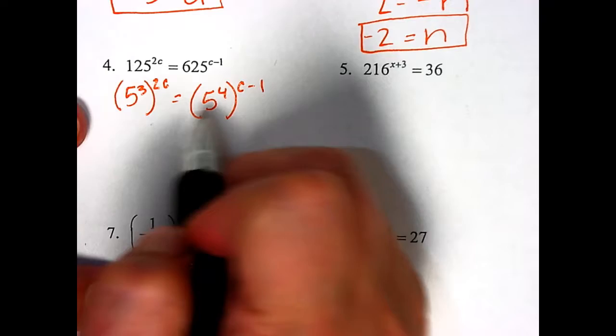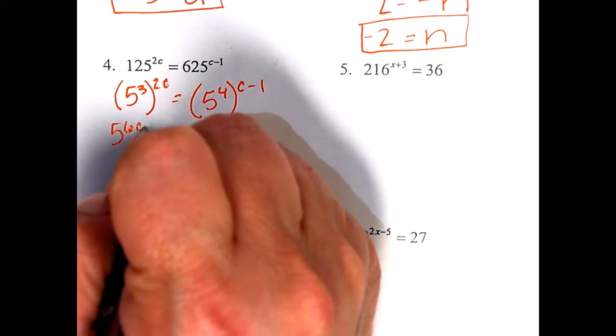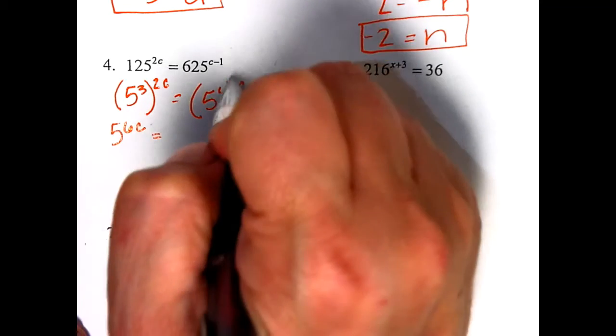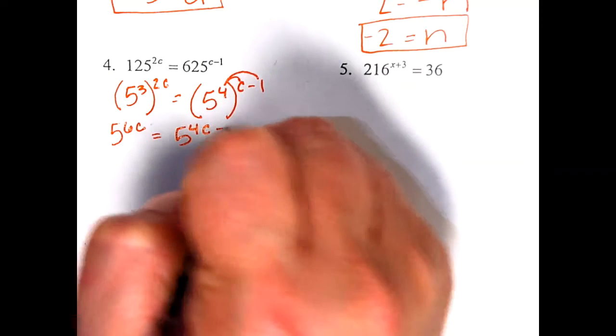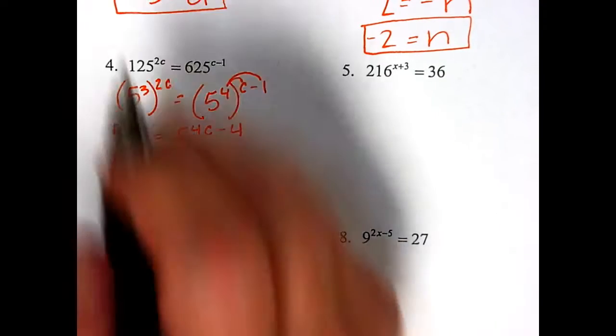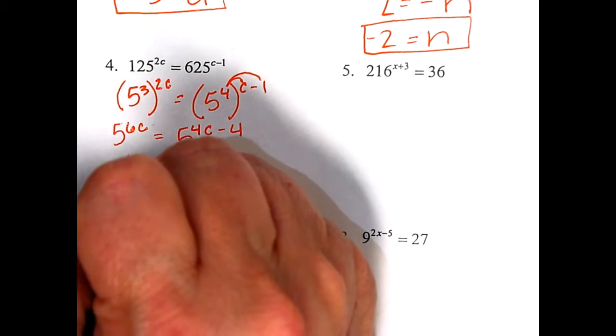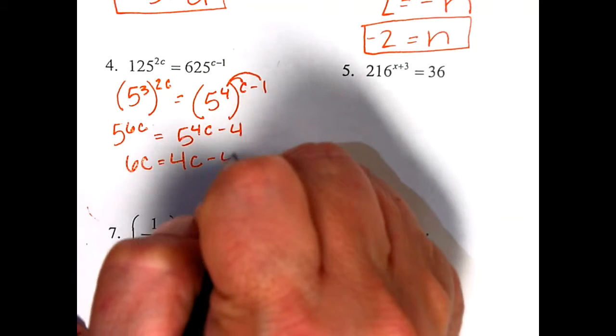Okay, so then I have power to a power, so I need to multiply. So 5 to the 6c equals, and then I'm going to distribute the 4 to both. So 5 to the 4c minus 4. Now that I've written with same base, I can drop it. So I have 6c equals 4c minus 4.